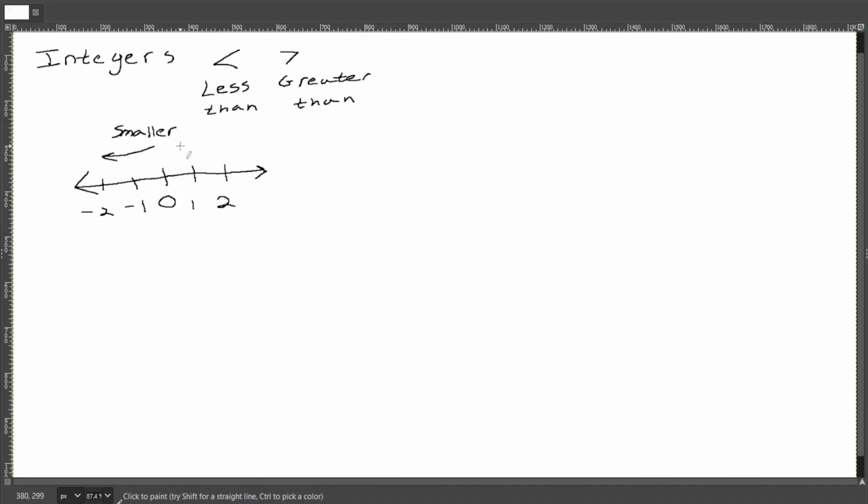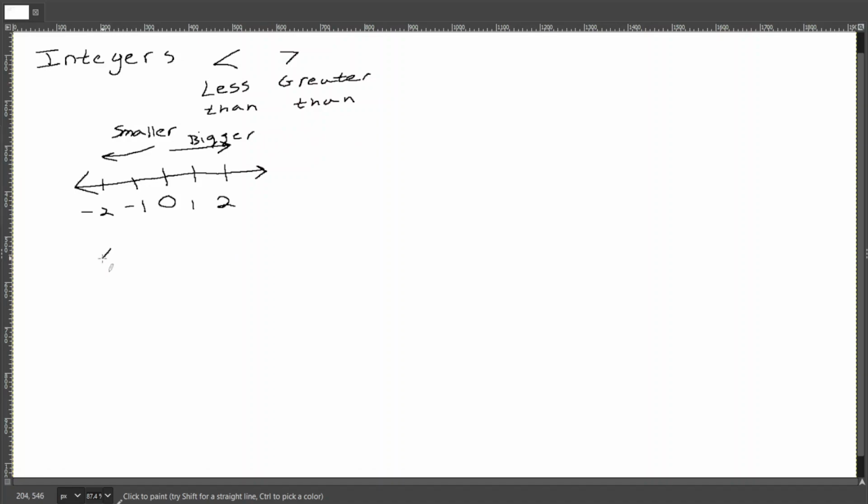As you travel to the left, your number will get smaller. As you travel right, your numbers will get bigger. So, just something to note.